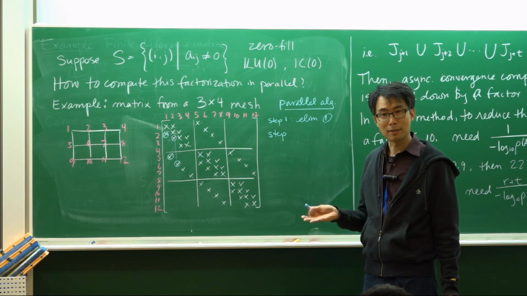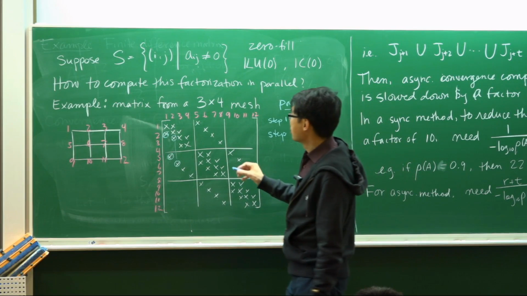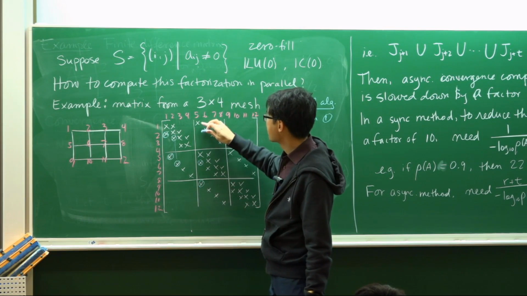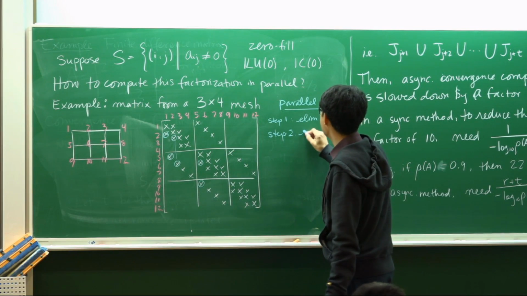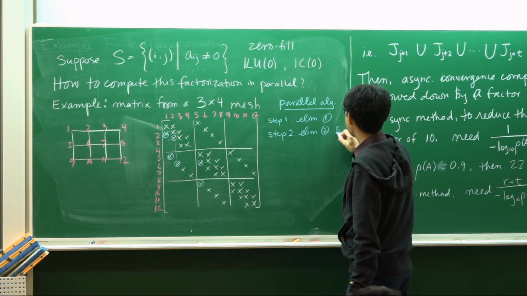It's not 3 because 3 depends on 2, but it's 5. We can create zeros over here because this has already been eliminated and updated that value. So in step 2, we can eliminate 2 and 5.